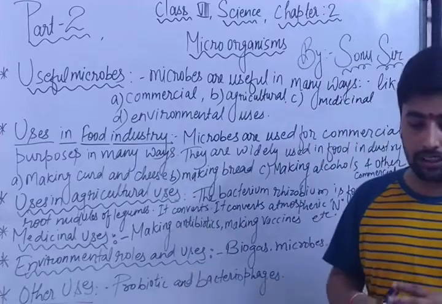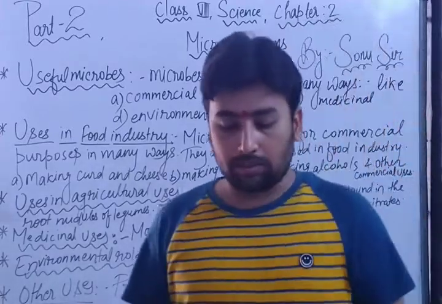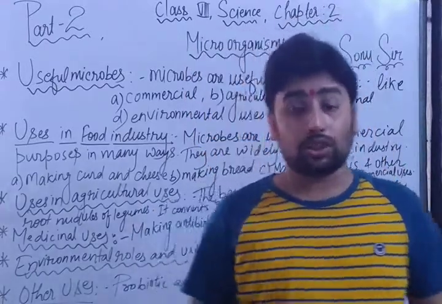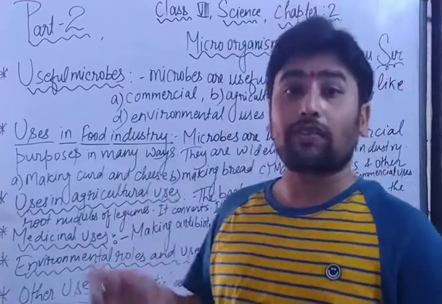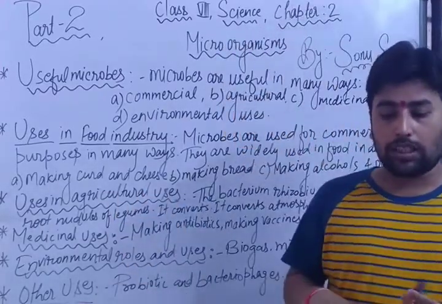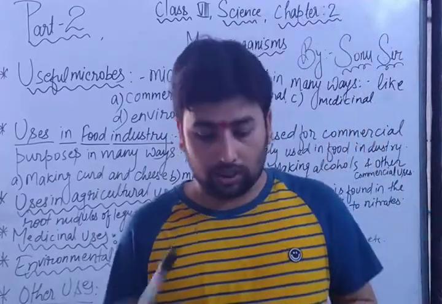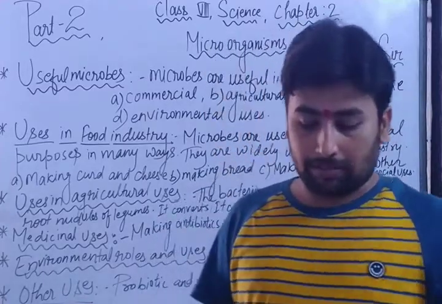Algae are a type of microbe, and these microbes help make the soup tasty. Next are other commercial uses of bacteria. You may have seen that it is used in the leather industry also. You are making belts, shoes, bags. In these things also, some leathers are very soft because of these microbes. Bacteria also help in the process of retting. In retting, when jute is submerged in water, the jute fibers can be easily separated.